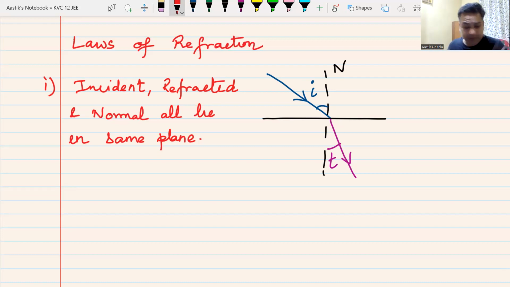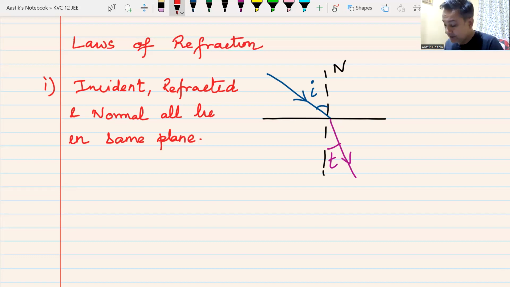Now, this is what you have studied in 10th standard. Yes or no? You studied this in 10th standard. Yes or no? Tell me. Did you study this in 10th standard? Yes. Okay, sir. What's new? Remember, whatever we are doing in 12th standard is just a repetition of what we have done in the 10th standard.